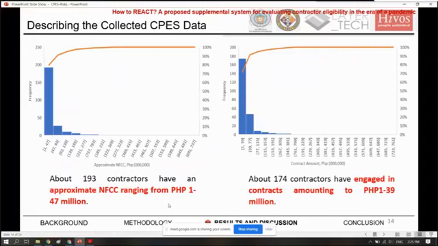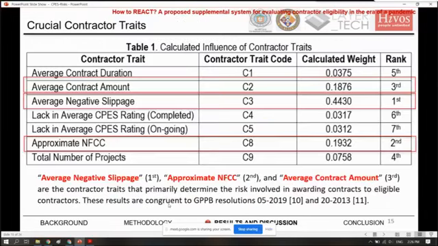This is a very good input for our policymakers as well as those who are preparing their project proposals, to consider that most of our contractors locally available in the Bicol region can accommodate a project that is within 1 to 47 million.